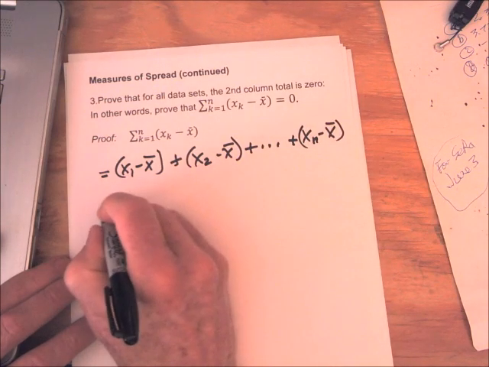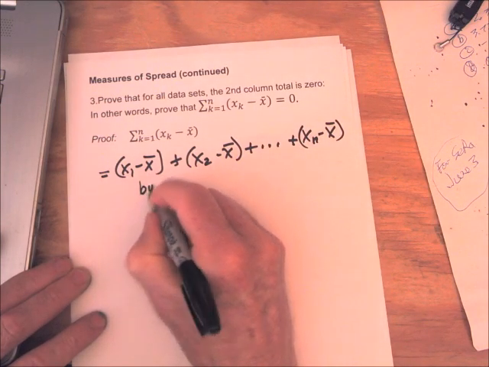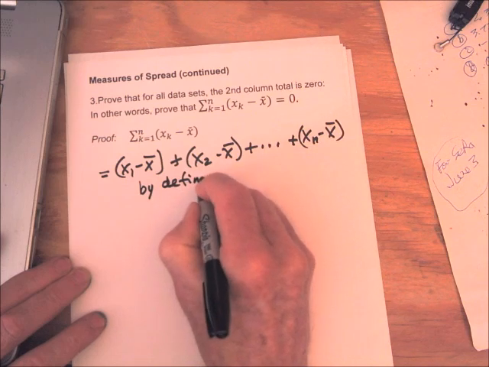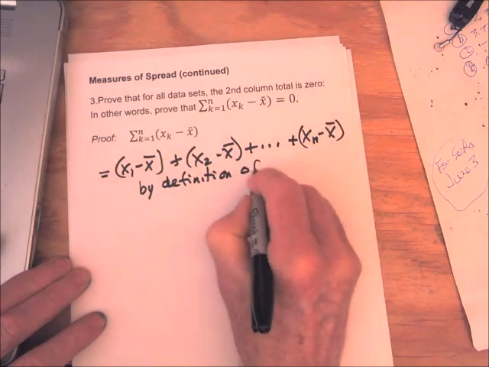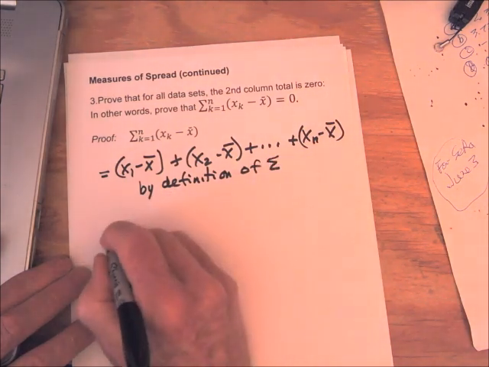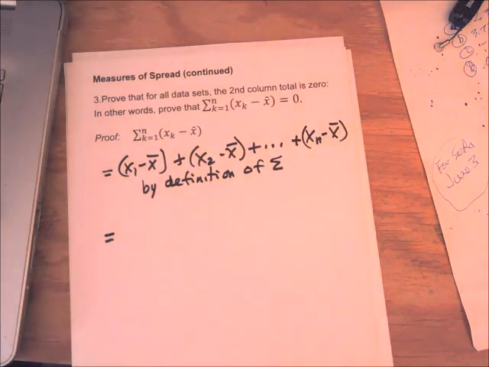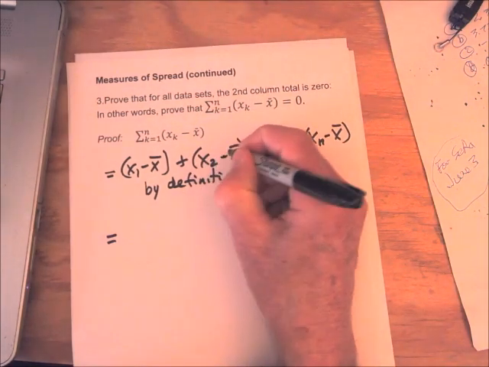This is by definition of sigma. And then we can rearrange these. The order doesn't matter for addition, and if you take the sign with you, you can treat subtraction like an addition, and the order doesn't matter for that either.